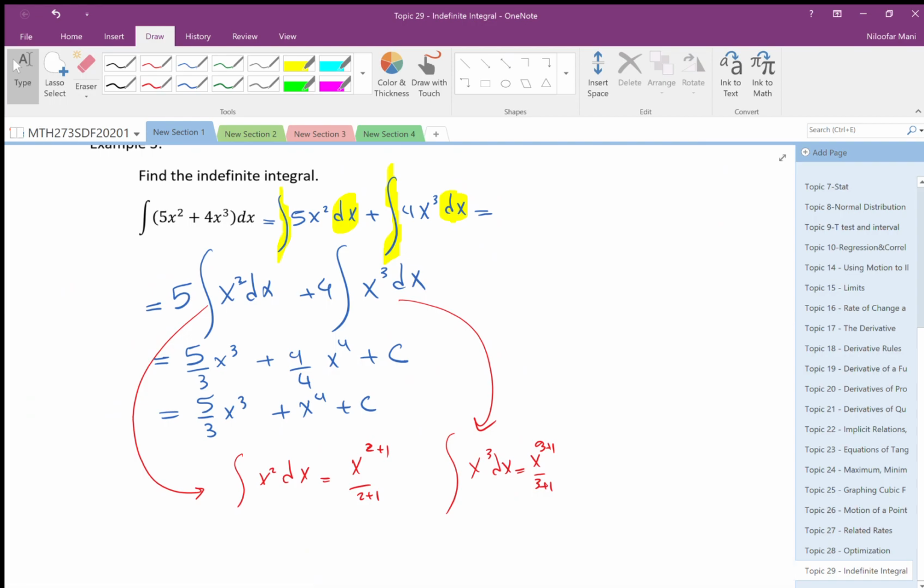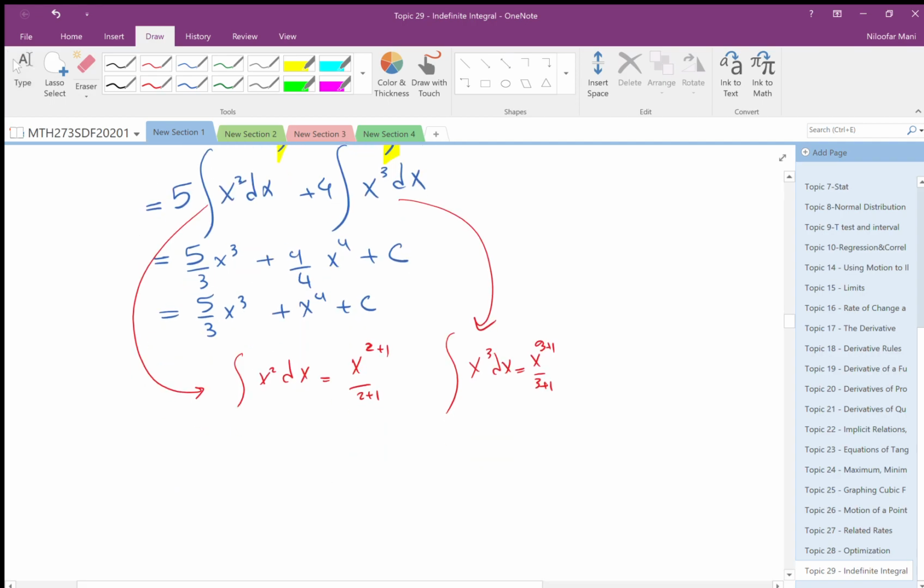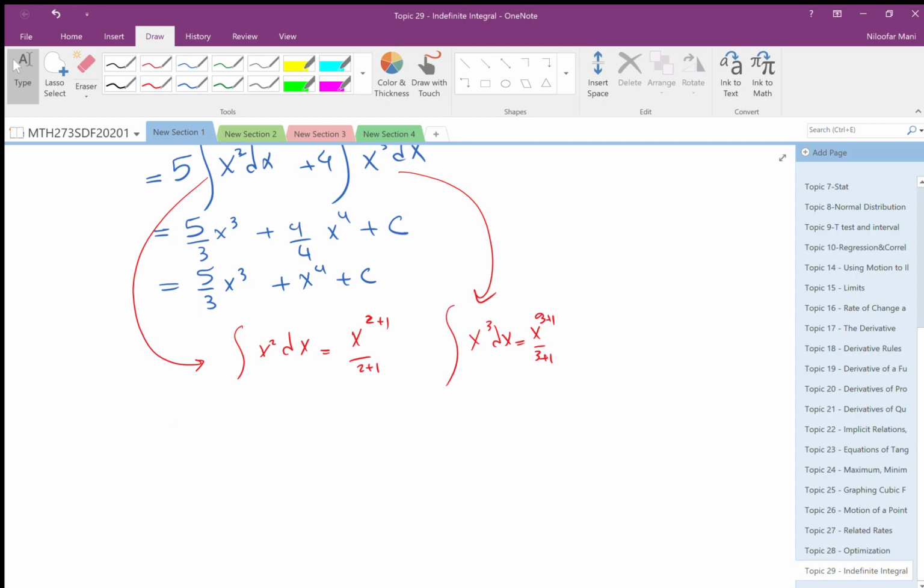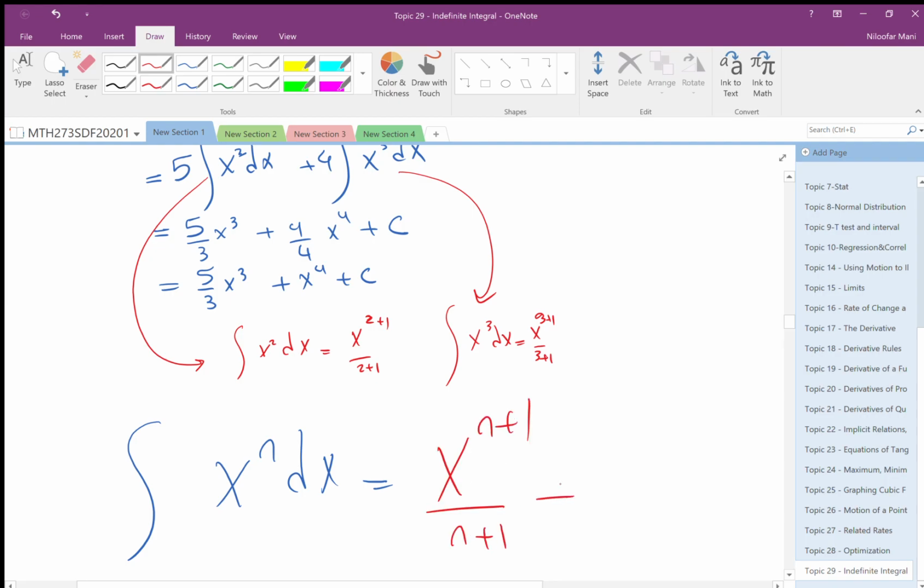I know I can distribute the integral over plus and minus, but not over multiplication. If I have a number beside, I can bring it out, the same as with the derivative. And now I can use the formula: the integral of x power n dx is x power n plus 1 divided by n plus 1 plus c, and n is not minus 1. For n equal to minus 1, the answer is ln x.